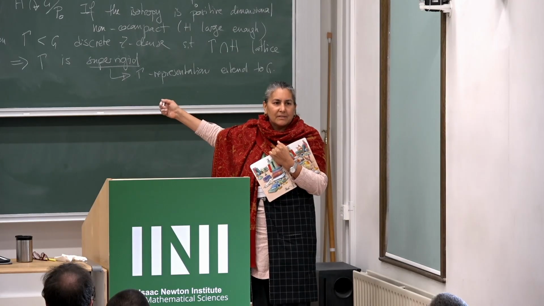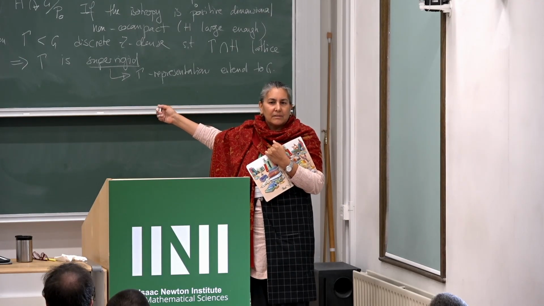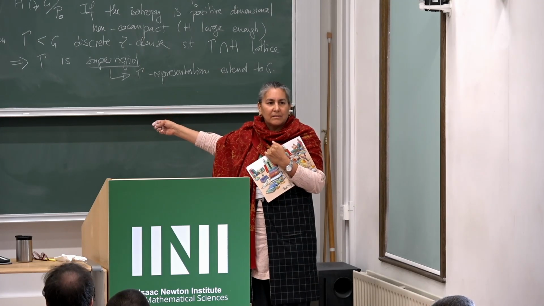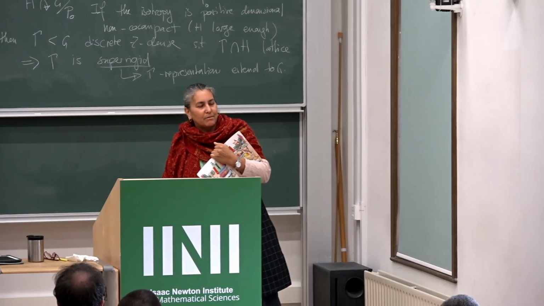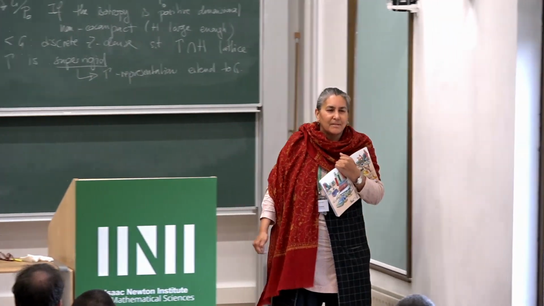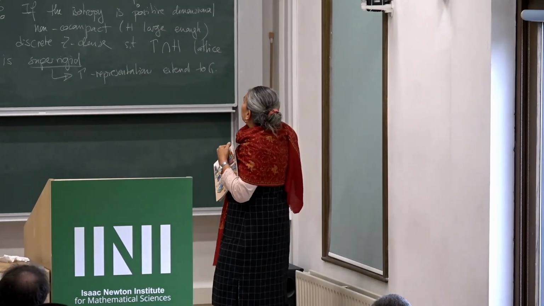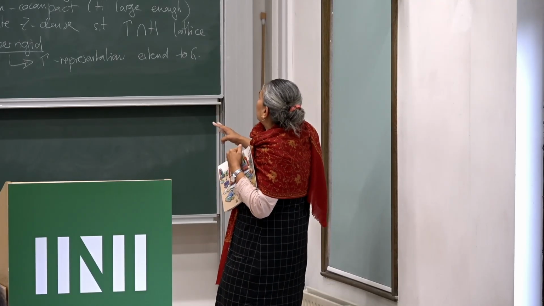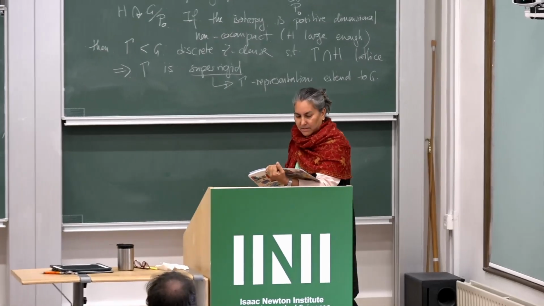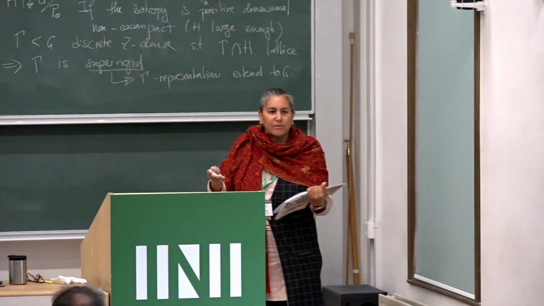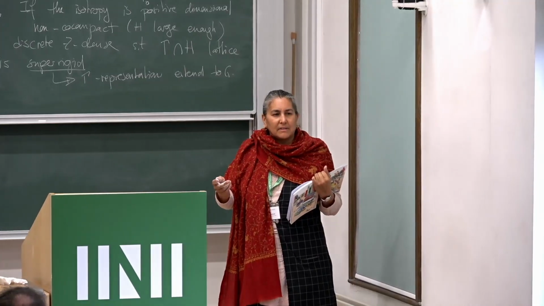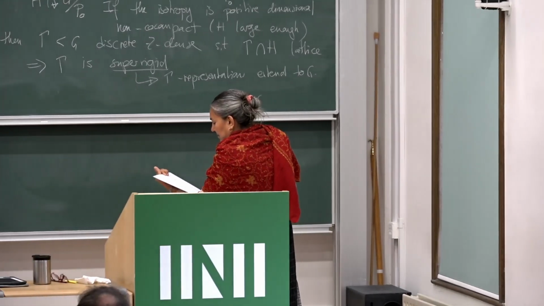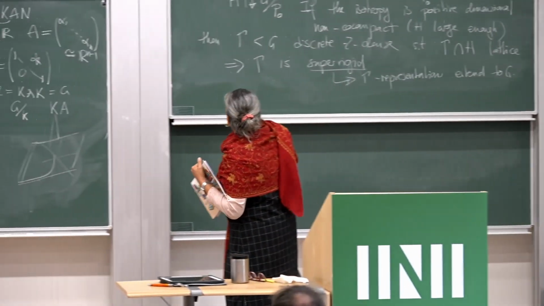But H will have a closed orbit in G mod P. There will be a point where the isotropy in H, or the stabilizer of a point. All right. Let me think about your question.